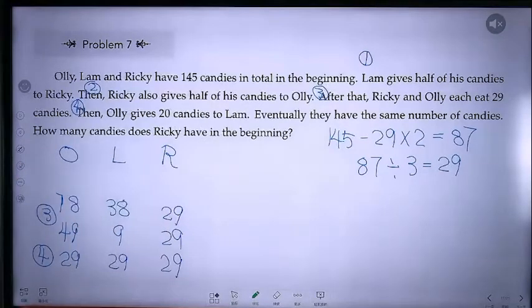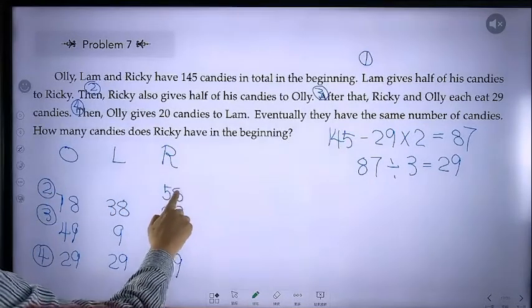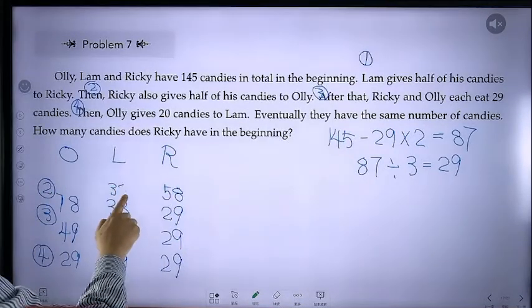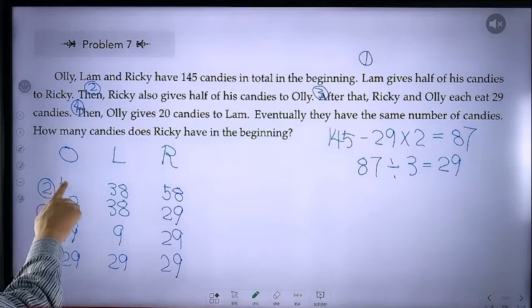So that is the third action. How about the second action? The second action is Ricky also gives half of his candies to Ollie. So Ricky gives half to Ollie. That means originally he had 29 doubled. It's 58. Lam is still 38. So this will be minus 29, so he gets 49.